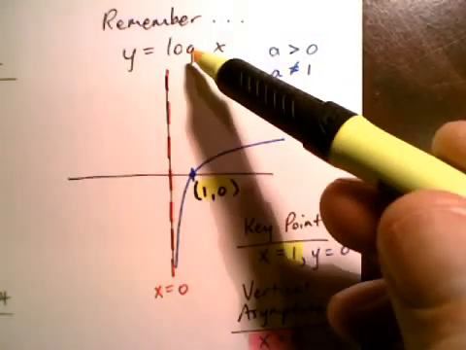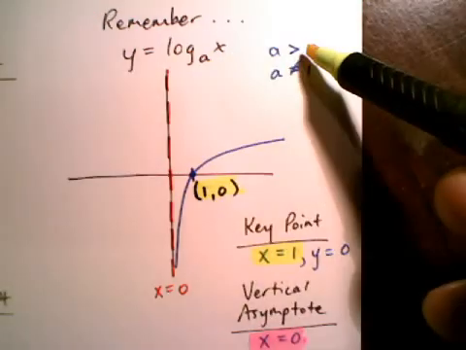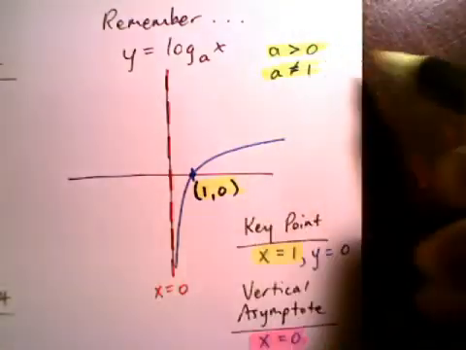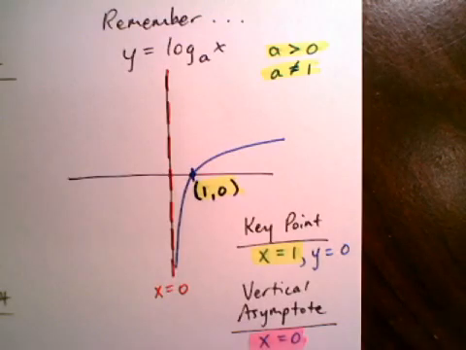So for all logs, no matter what the base is, the base is greater than 0, and also the base can't be equal to 1, and really the only bases that we've looked at are base 2, 10, and e, and sometimes we'll throw in a base 3, but that's really it.